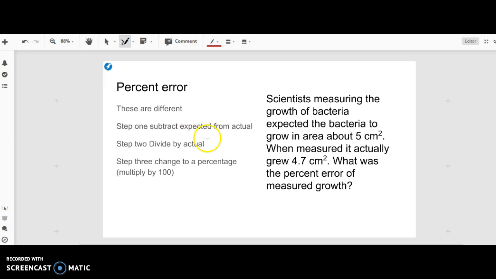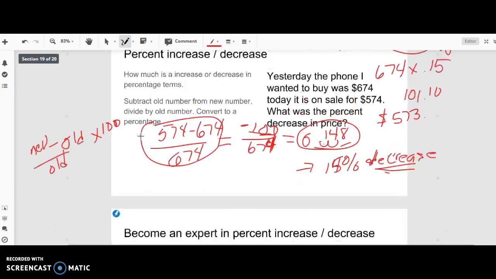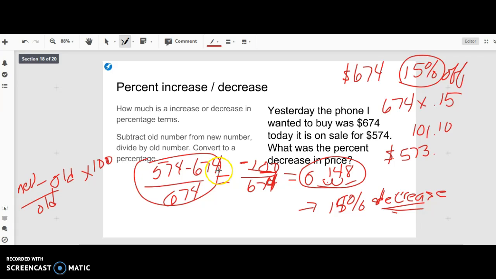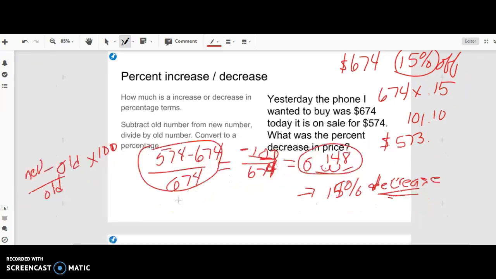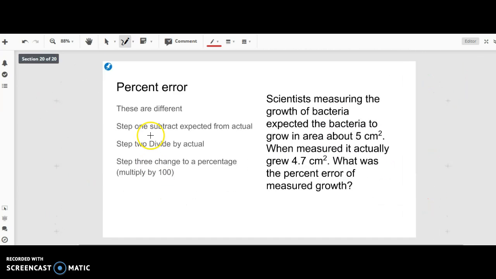Step 1, you subtract the expected from the actual, step 2, you divide by the actual number, and step 3, you make it a percent. You remember that's a lot like percent increase and decrease, where you subtracted the old and the new and divided by the old. Here you're subtracting the expected from the actual and then dividing by the actual.